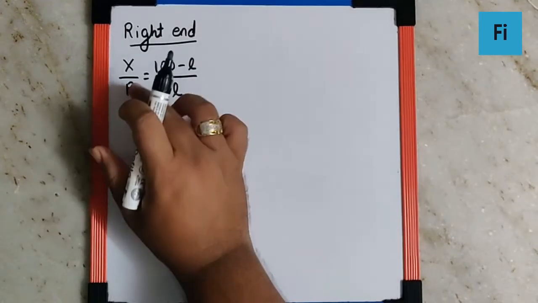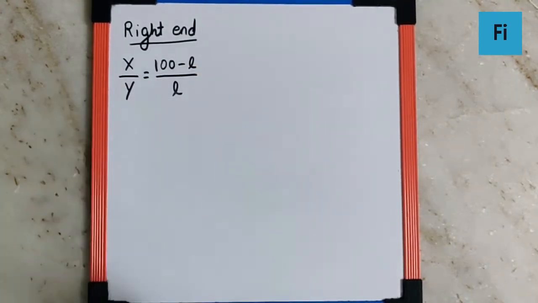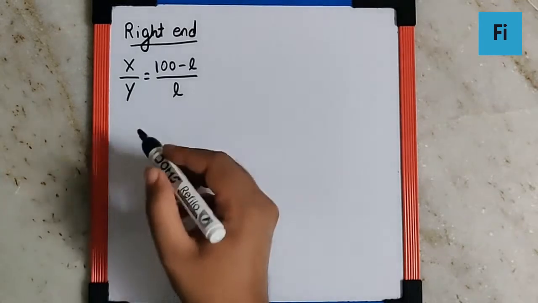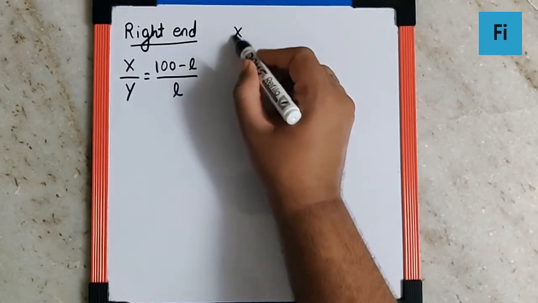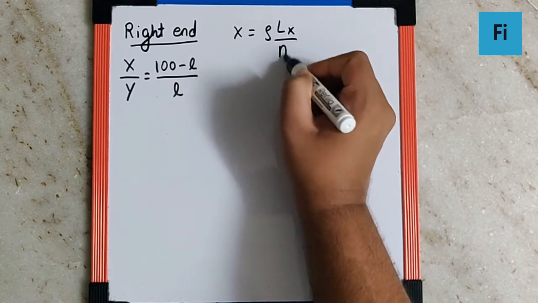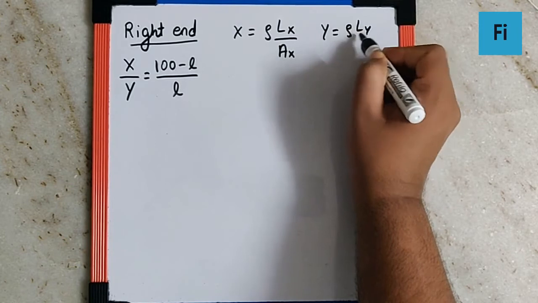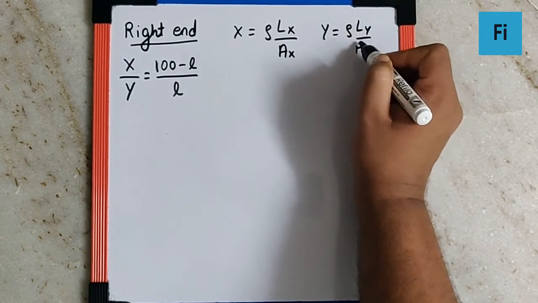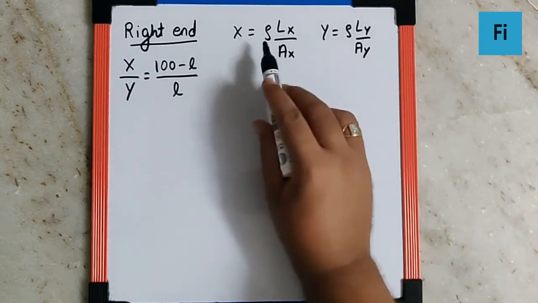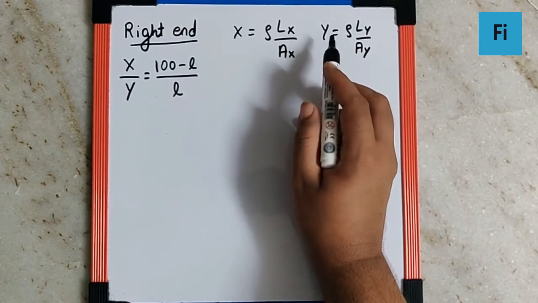And definitely instead of X by R we can place X by Y, because there are two coils X and Y. Now if we refer to it individually, X we can write as rho Lx by Ax. Similarly Y as rho Ly by Ay. Now practically rho is the same for both cases as they have mentioned in the question.